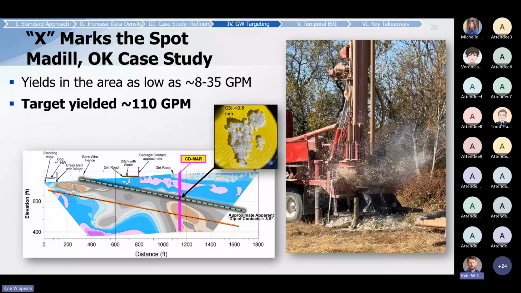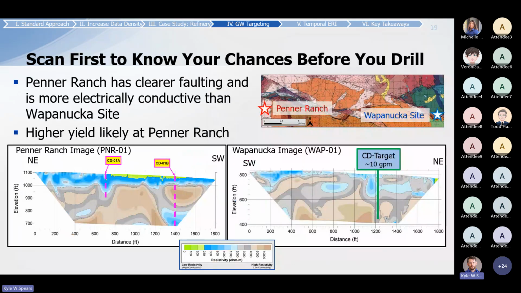Something I do want to point out here, though, is that these pictures are not a nail-on-the-head scenario. If we go back here and we say, okay, we're targeting these conductive spots where it's blue and gray, we think that's representing where the rock is more fractured and permeable. Where the browns are, it's getting really resistive, and that's likely representing hard rock.